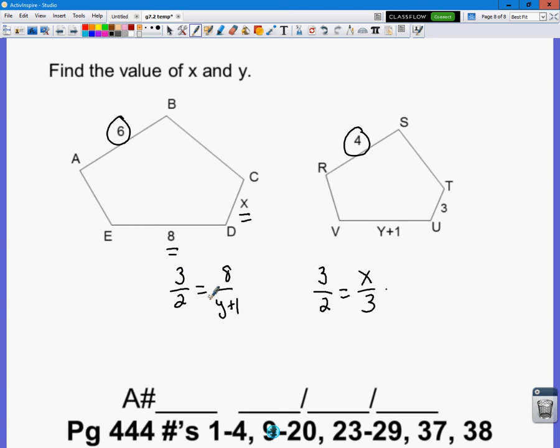So remember the product of the extremes and the product of the means that we talked about yesterday. So we're going to take 3 times y plus 1 is equal to 2 times 8, which is 16. This would be 3y plus 3 is equal to 16.